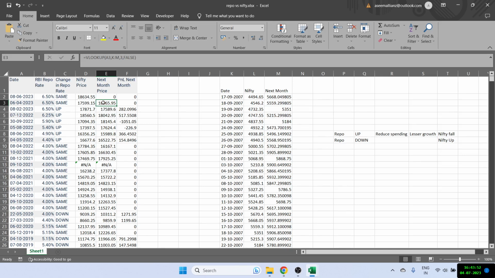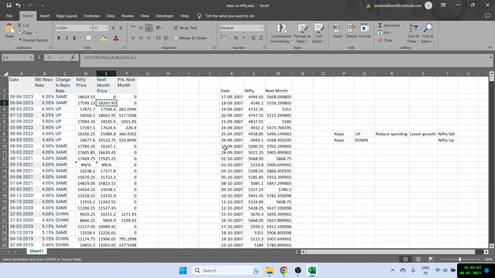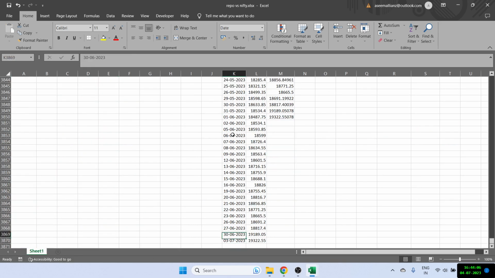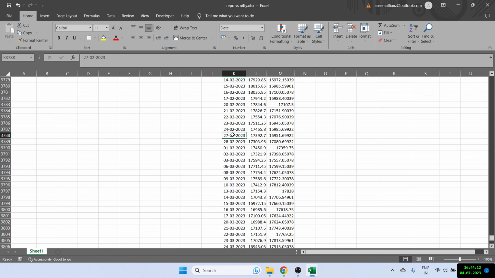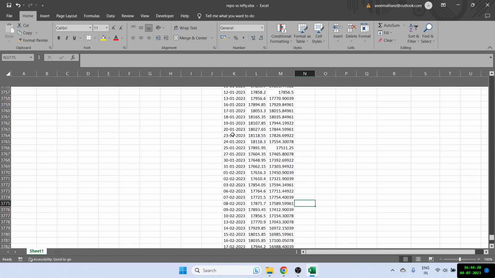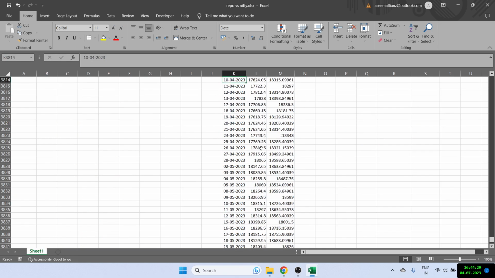So I've found the price here as 18265. Let me just check how we are getting this value. So on 8th February 2023, the price of next month is 17589, which is here. 17589, which is here.